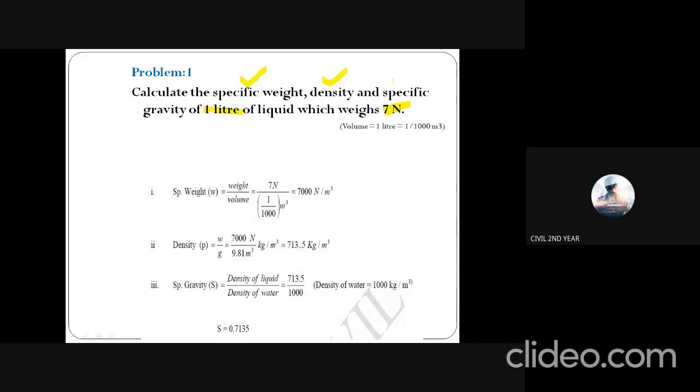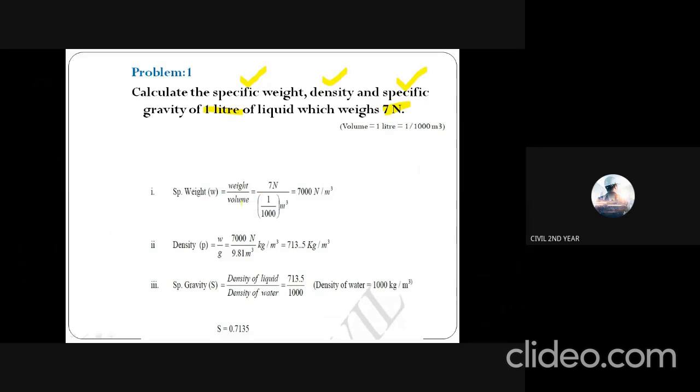density, then specific gravity. As we discussed previously, specific weight is weight by volume. The weight is 7 Newton, so the unit for specific weight is Newton per meter cube, and we directly substitute 7 Newton.